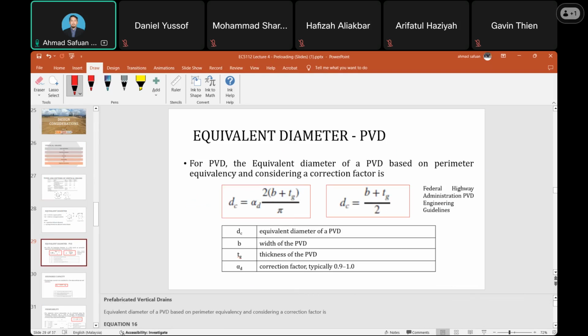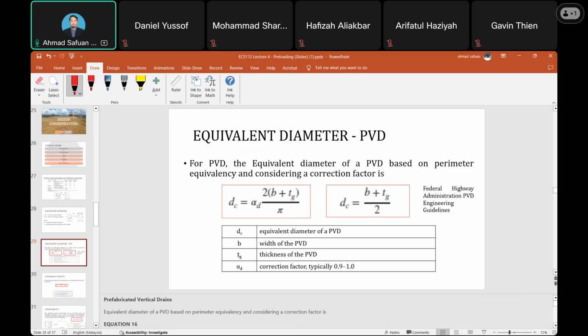So then the equivalent diameter for PVD, based on the perimeter equivalency and considering the correction factor, which is the DC. B is the width of the PVD, TG is the thickness of the PVD.